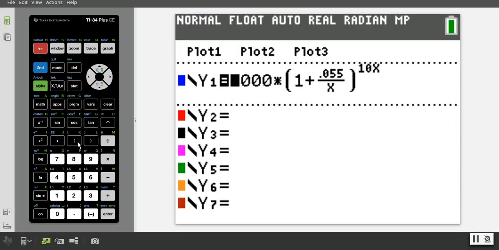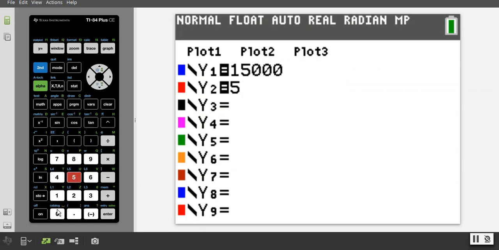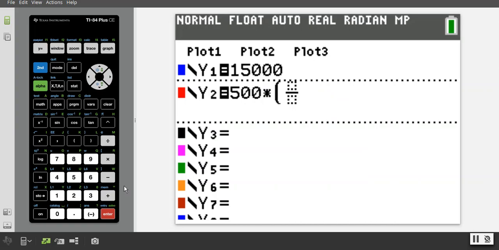So, for example, let's clear it. Okay, so $15,000. I have 500 multiplied by parentheses. Let's go ahead and use alpha because that'll make it cleaner.